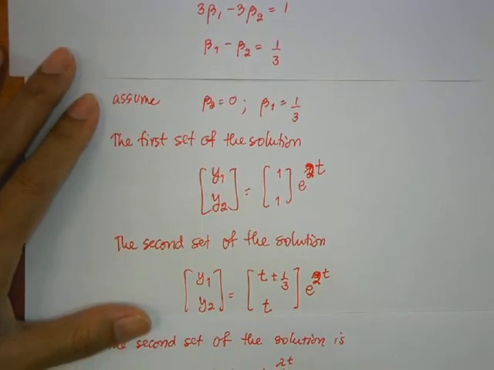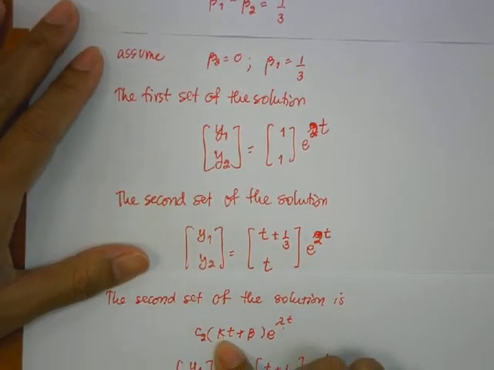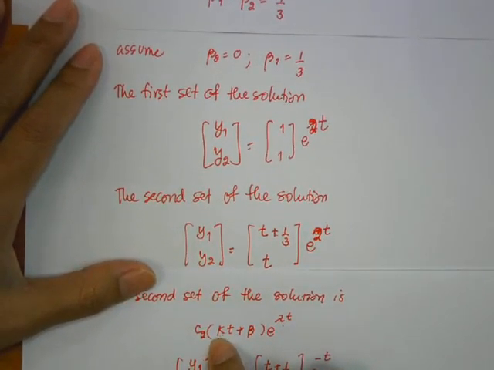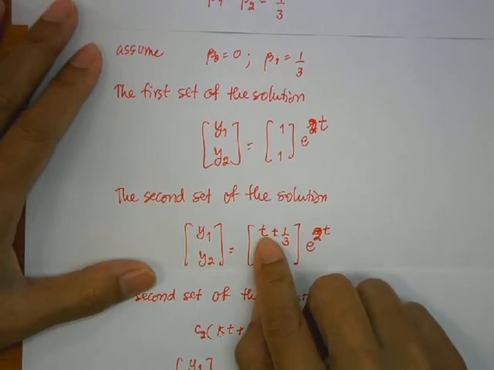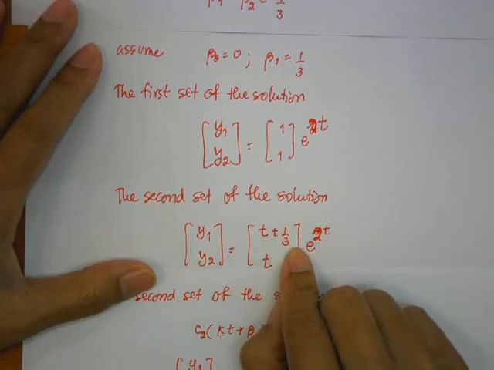So you would get 1 times t plus beta. What is the value of beta 1? Beta 1 is 1 over 3. So you would get t plus 1 over 3.